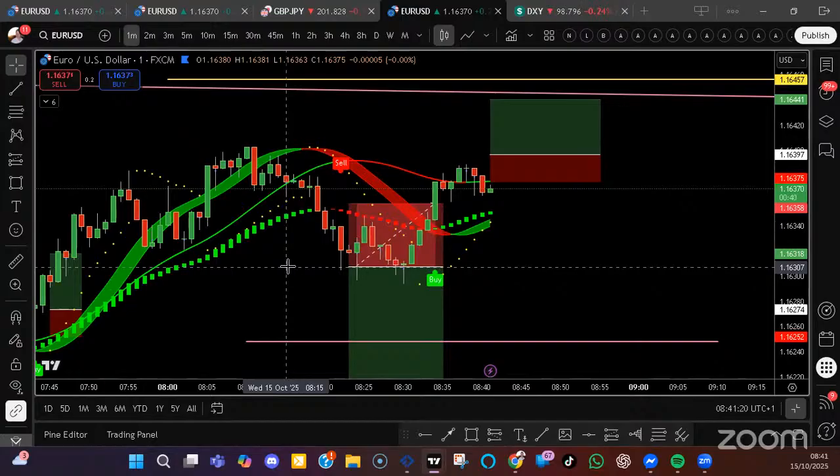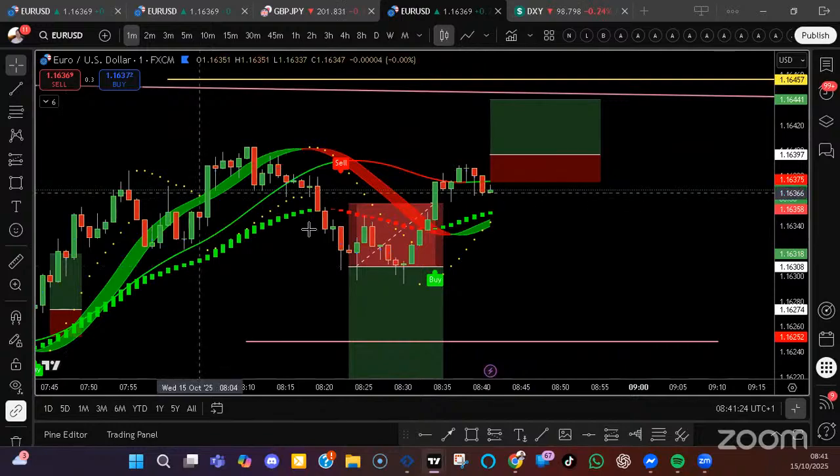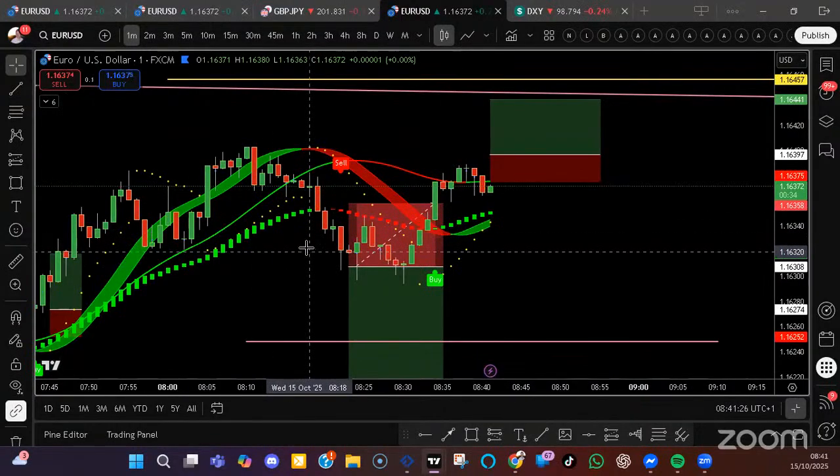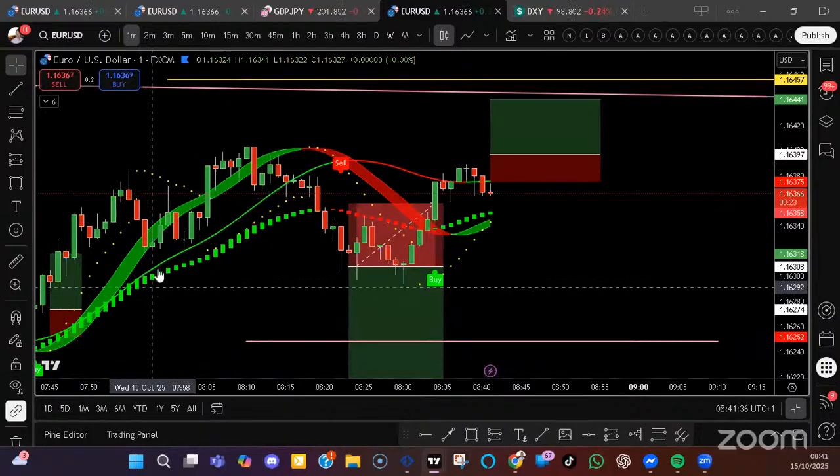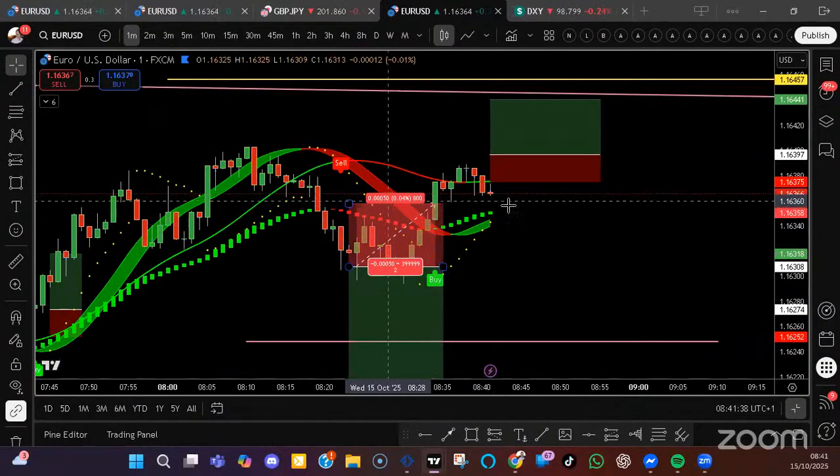It's not the most favorable time to be trading the EUR USD because of that alone, especially with all this carry on.